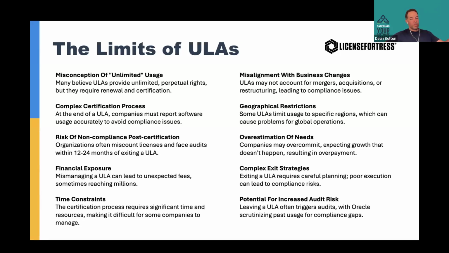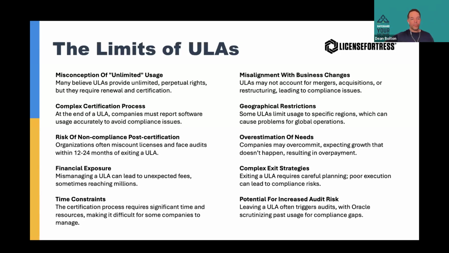You get to deploy as much of it as you want. And then 36 months down the road, the bill really comes due, because then you have an option of certifying and basically telling Oracle, okay, I'm using 100 processor licenses of these products. And then at the end of that, it converts, so you have a limit of 100 processor licenses to use.